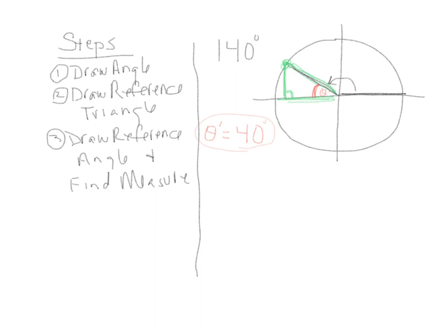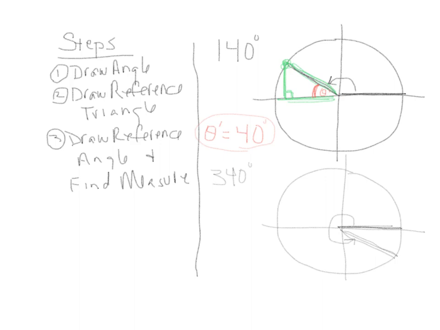Let's do another example. Let's say that we're starting with a 340 degree angle. So we begin. Let's draw the 340 degree angle. Initial side, 340 is going to be about here. This represents our 340 degrees.